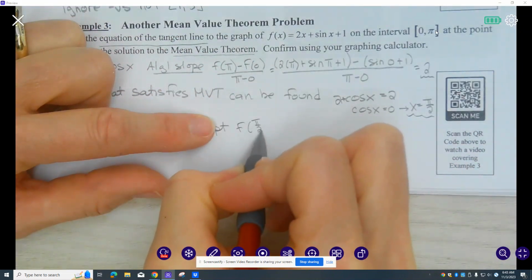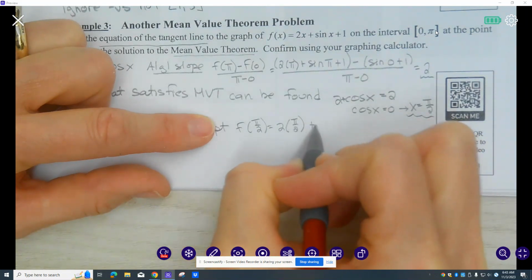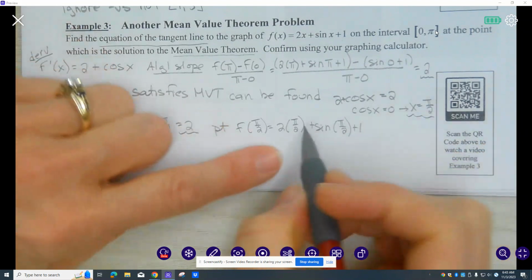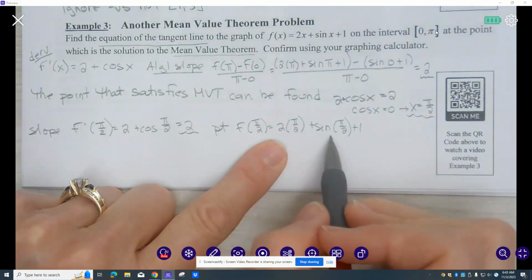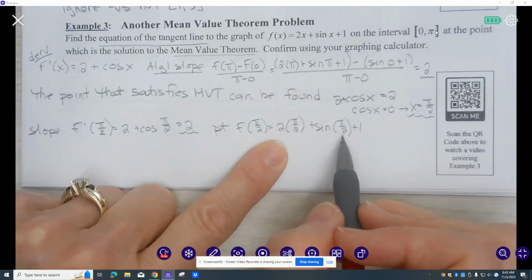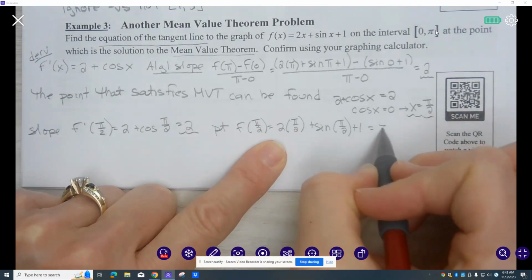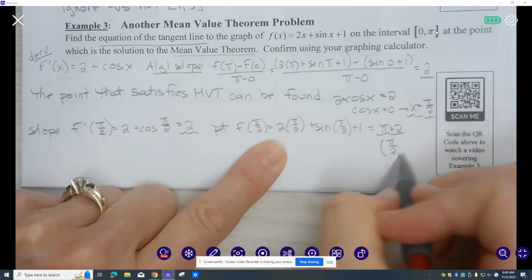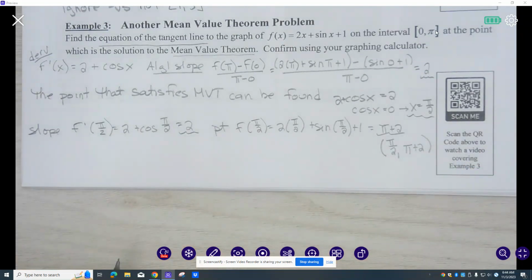So f of pi over 2 will be 2 times pi over 2 plus sine of pi over 2 plus 1. 2 times pi over 2 is just pi. Sine of pi over 2 is 1. So this equals pi plus 2. So my coordinate point is when x is pi over 2, y is pi plus 2.